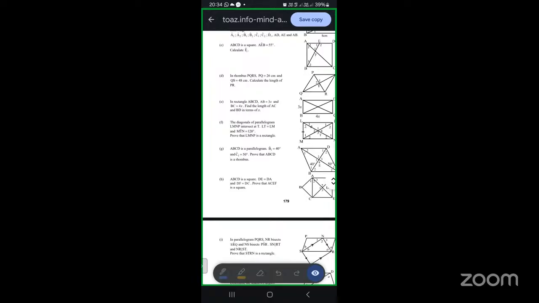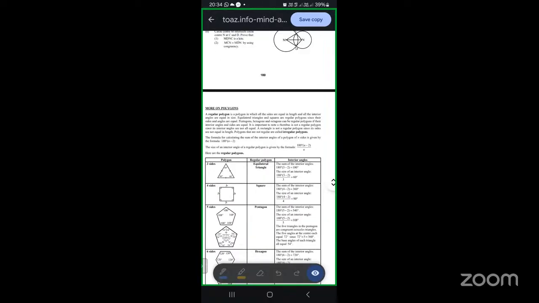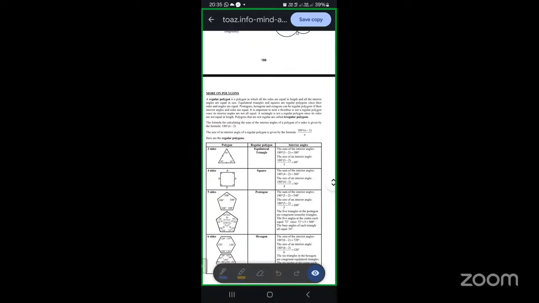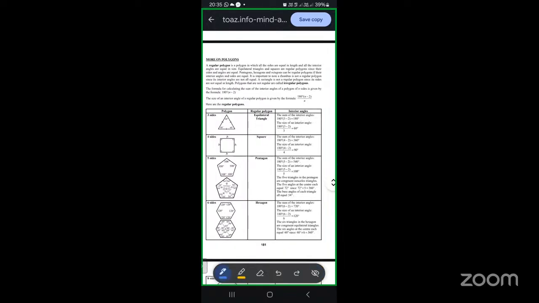Because now we just did kite, rhombus, trapezium, and then a parallelogram. So now we are just going to delve a little bit deeper in these polygons. I won't touch this paragraph here because it's summarized here on the table. So I'll just go through the table and leave this part out.